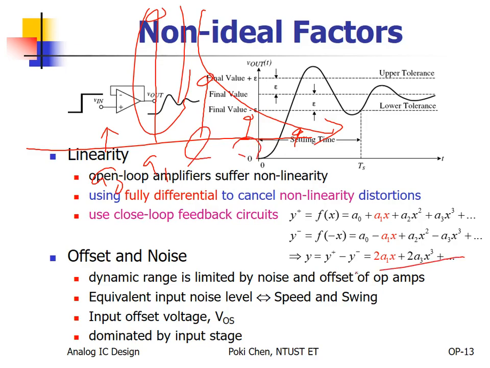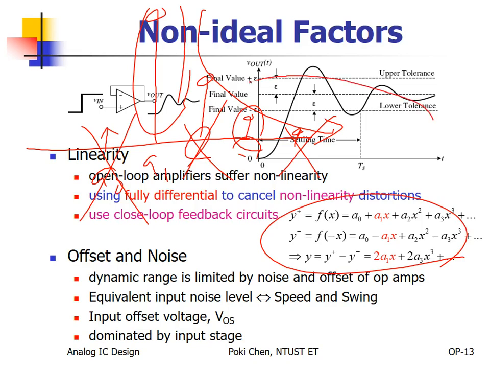So with fully differential operation, no A0, no offset. No A2, no A4. Because A3 is usually much less than A2, the overall distortion relative to A1 will be substantially reduced.